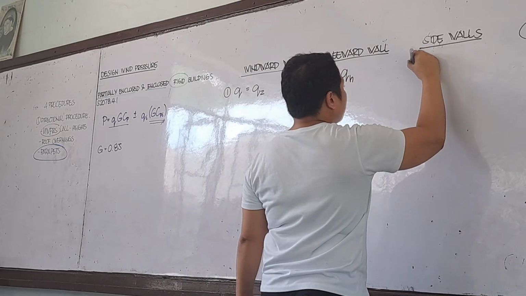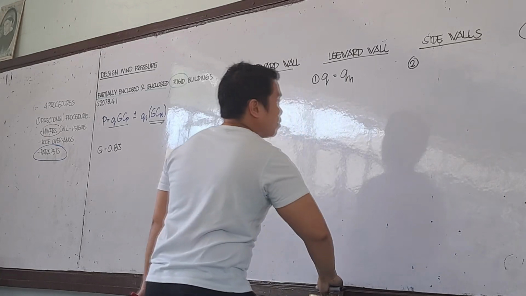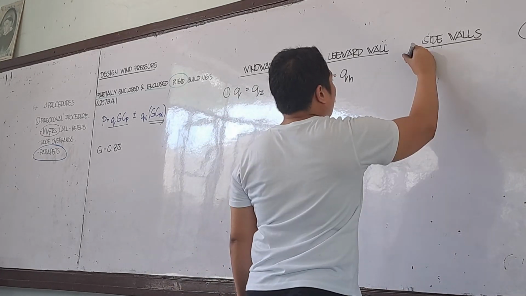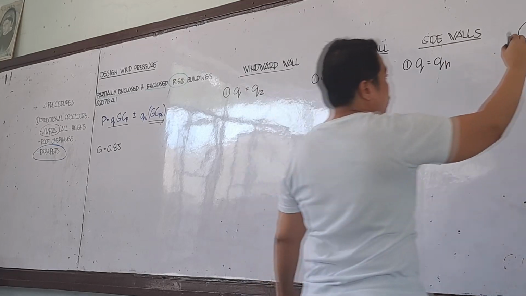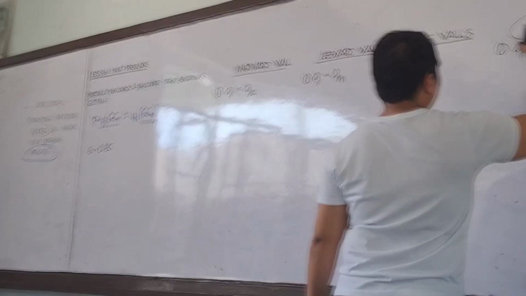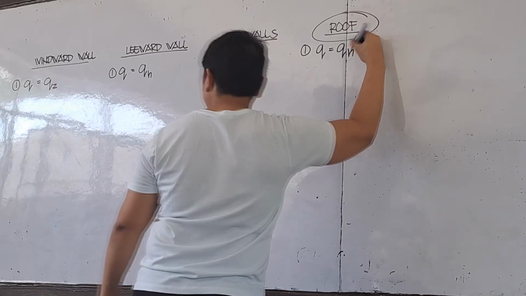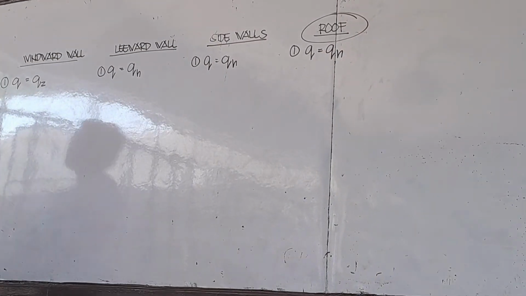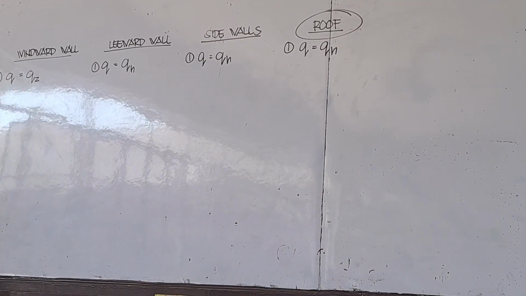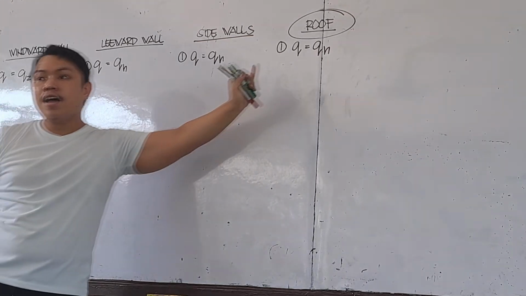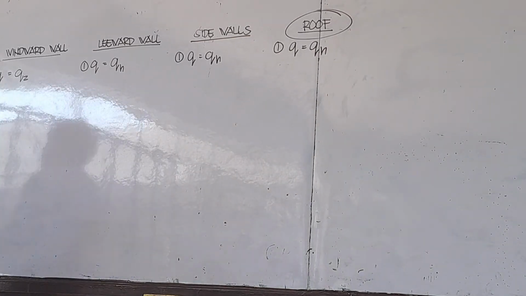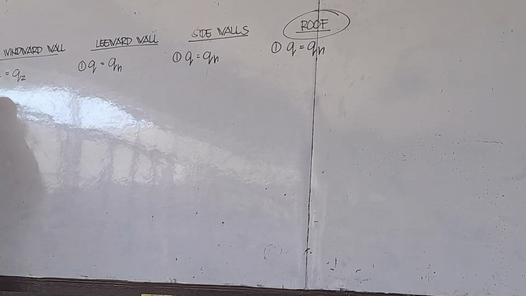For side walls, q is equal to qh. And for our roof, q is equal to qh. Take note that our G is the same for all sides of our envelope.